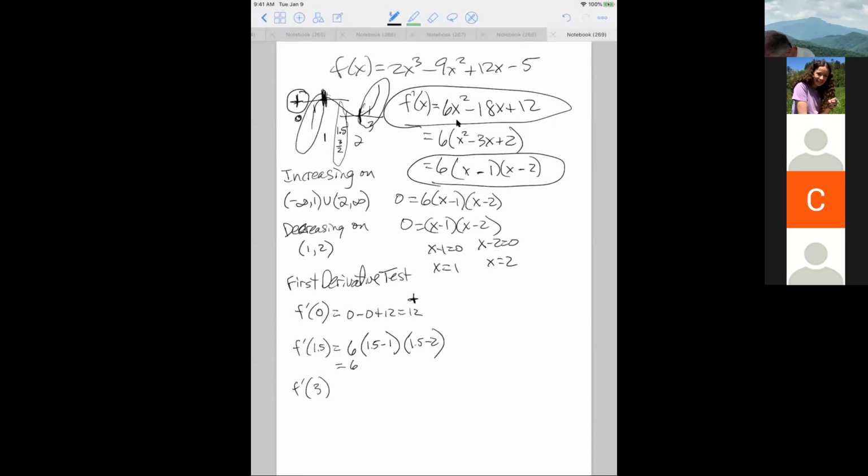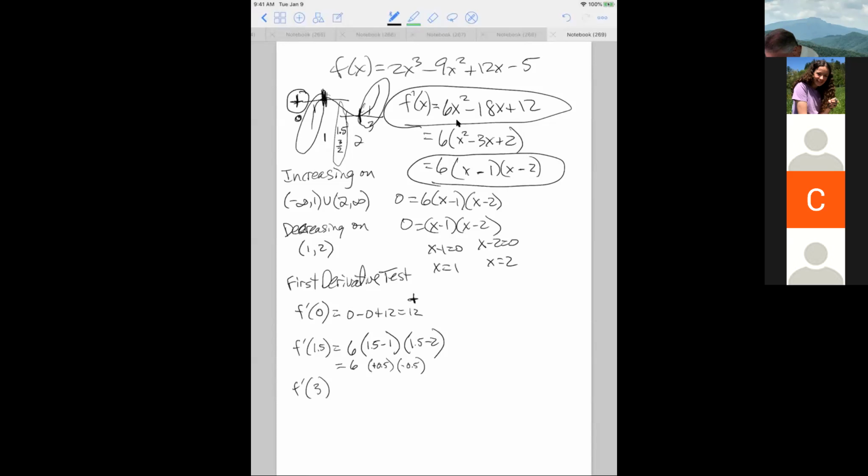1.5 minus 1 is positive, right? It's positive 0.5, but it's positive. And when I do this one here, I get 1.5 minus 2. Notice I get negative 0.5. So what is the answer? Is it going to be positive or negative? The number isn't critical because I just want to know if the slope's increasing or decreasing.